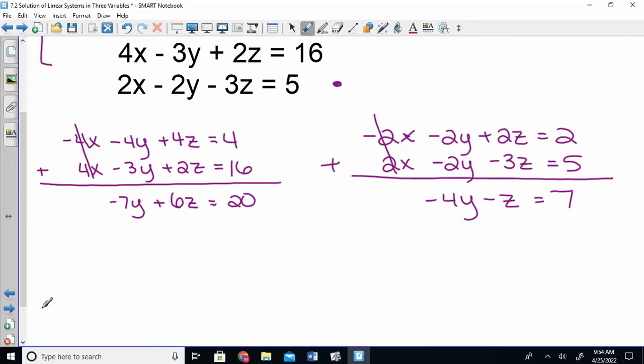How is this helpful? Can we add those together? Yeah. Now I have 2 equations with 2 variables, so we can put those 2 together and eliminate something. What would be easiest to eliminate? Z. So if I took this one times 6, then my first equation stayed.